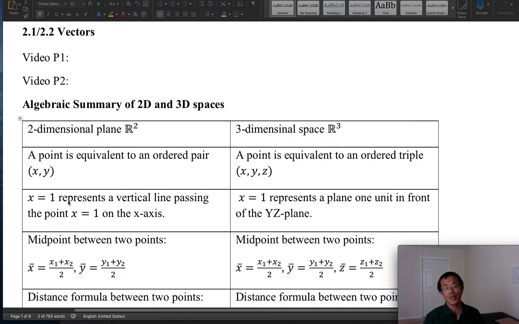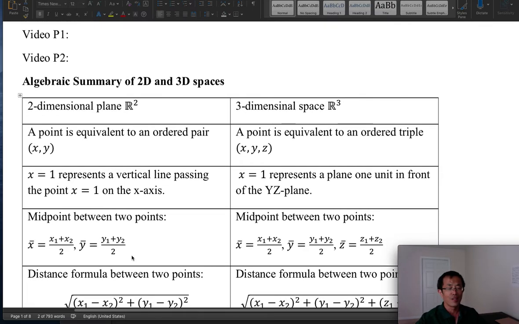But if we are considering the three-dimensional space, x equals 1 really represents a plane, which is 1 unit in front of the yz plane. If you know how to draw the rectangular coordinate system in 3D space, you probably know what the yz plane is, right? The yz plane.